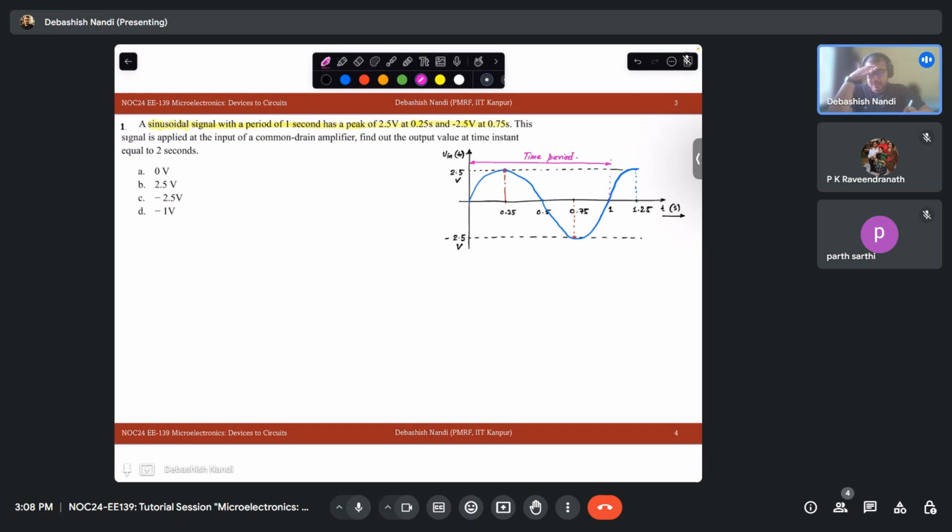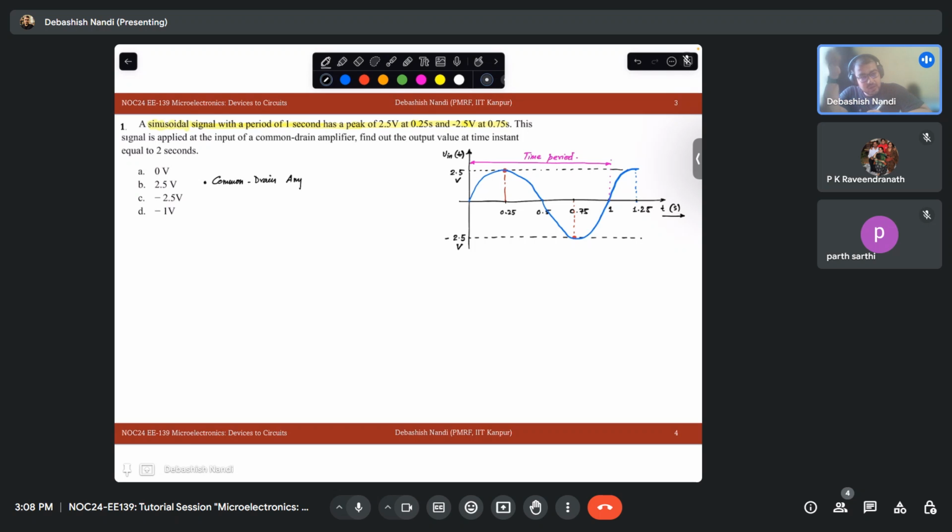Now it is mentioned that this signal is applied at the input of a common drain amplifier. Find out the output value at time instant equal to 2 seconds. So first thing is common drain amplifier. We need to understand this.